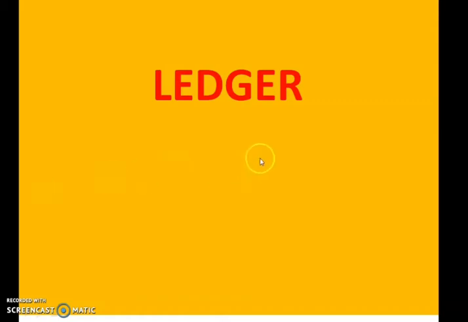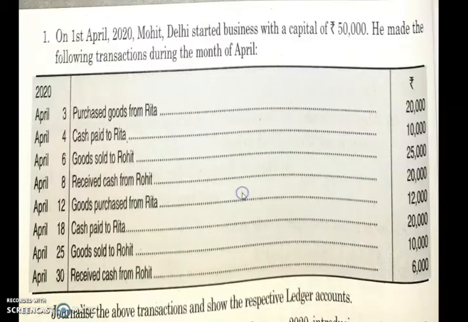Children, we were discussing about ledger. Let us do some more problems related to ledger. On 1st April 2020, Mohit, Delhi, started business with a capital of rupees 50,000.